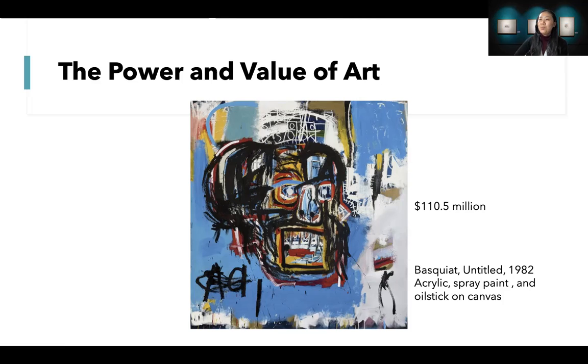So, what determines the value of an art, and why would someone pay so much money for a painting? We're still wondering, right?